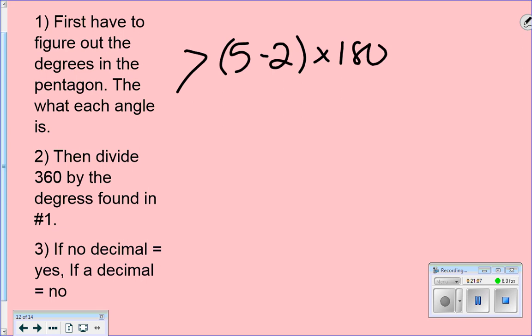Oh wait, did I say that right? If there's no decimal, it does tessellate. If there is a decimal, then it does not. And I will do this in steps for you so you can see how it works.